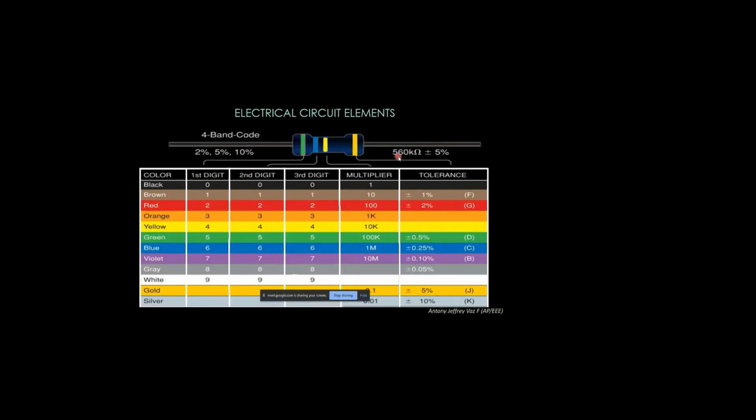So you can write 6 over here directly. And the third band is, sorry, the third band is yellow. Here yellow represents 4. So after 5 and 6, you have to represent the third band as 4, which is nothing but 10 power 4.